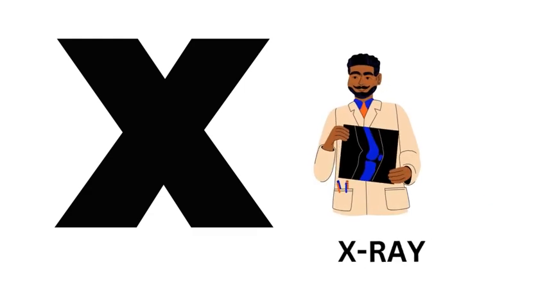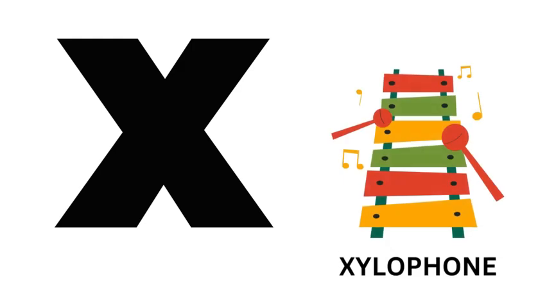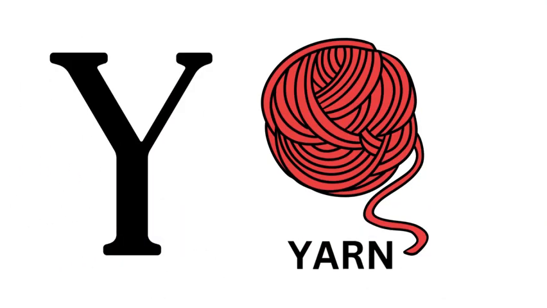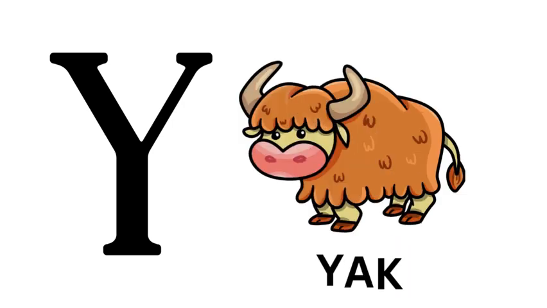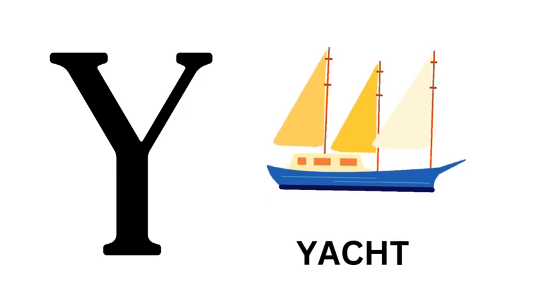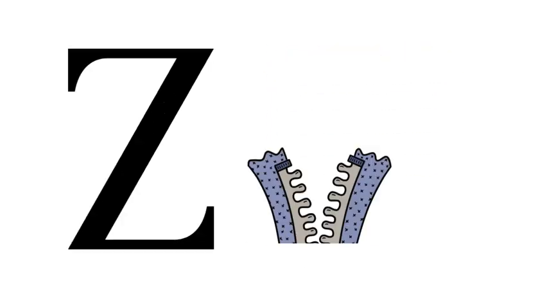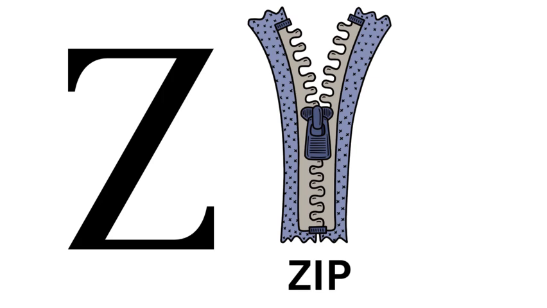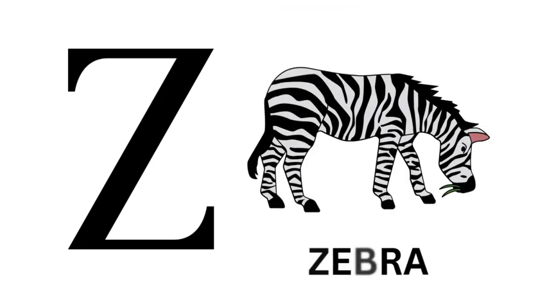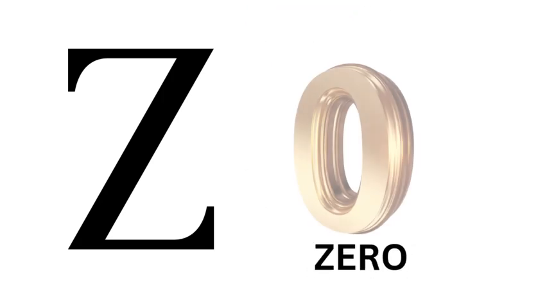X for X-ray. X for xylophone. Y for yarn. Y for yak. Y for yacht. Z for zip. Z for zebra. Z for zero.